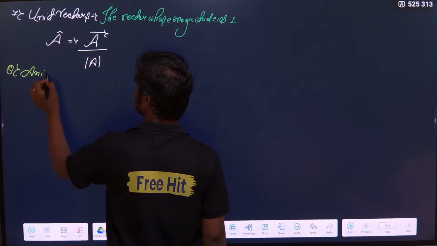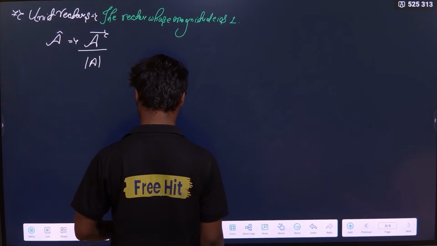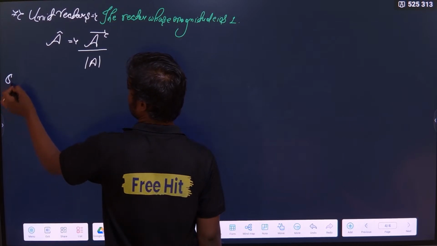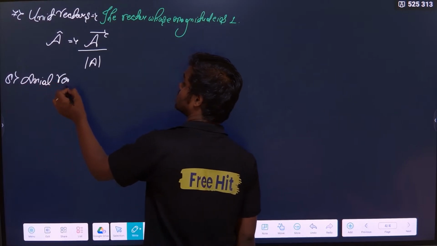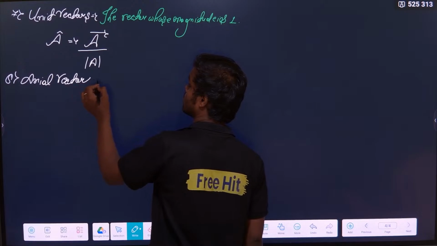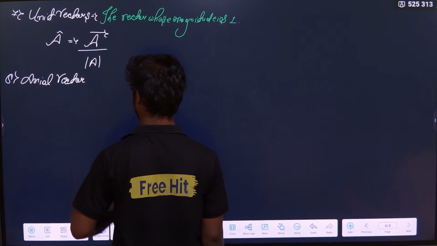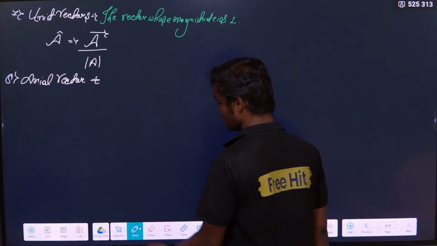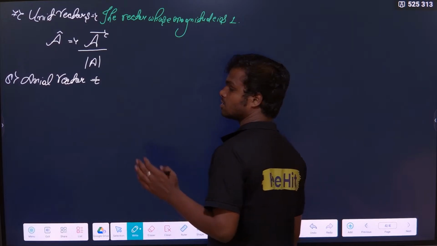Axial vector. What is an axial vector? A vector acting along the axis of rotation.